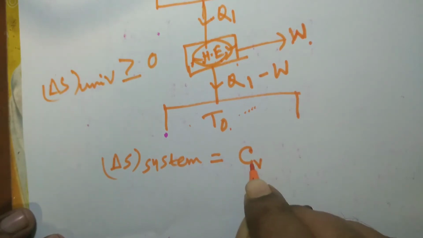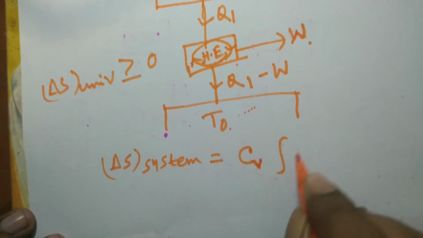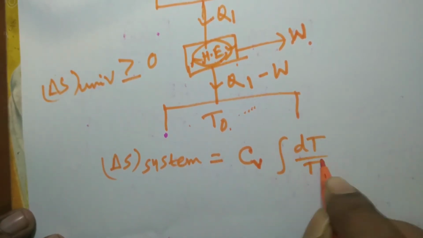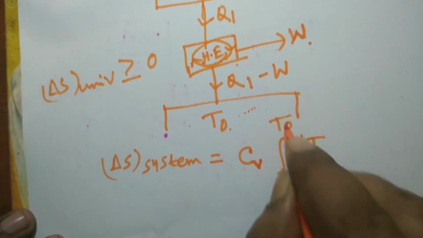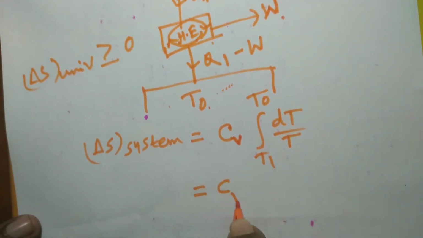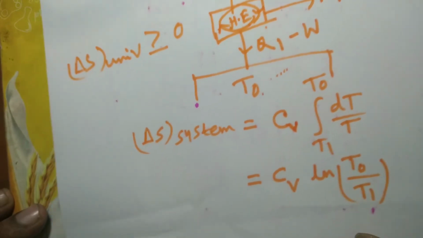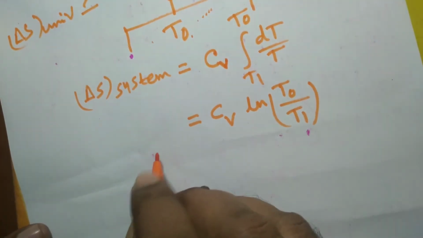Suppose this is the heat capacity at constant volume, Cv dT upon T, and the final temperature is T0, this is T1, and this is equal to Cv ln T0 by T1. This is delta S of system.